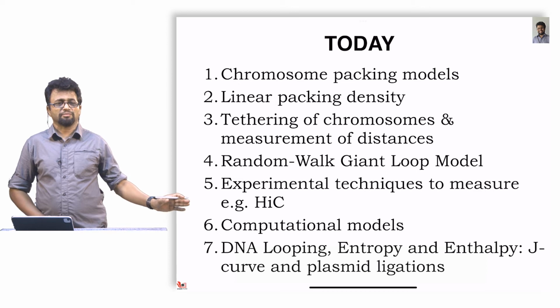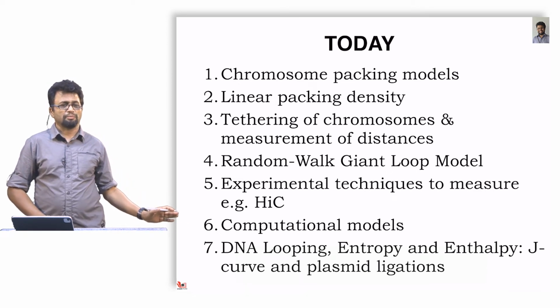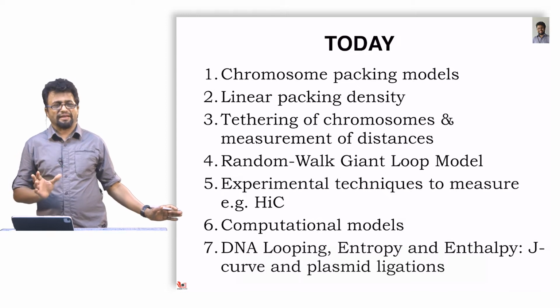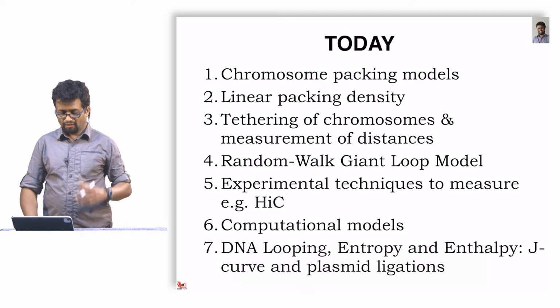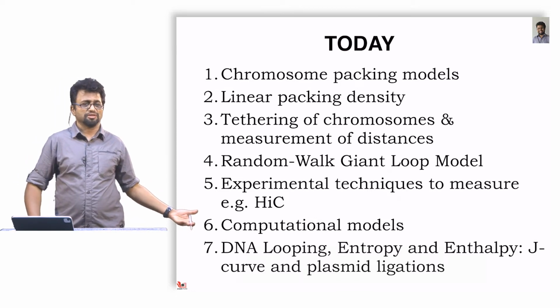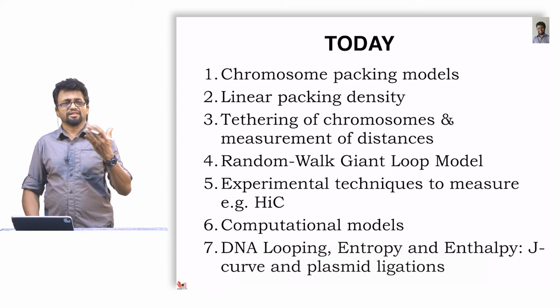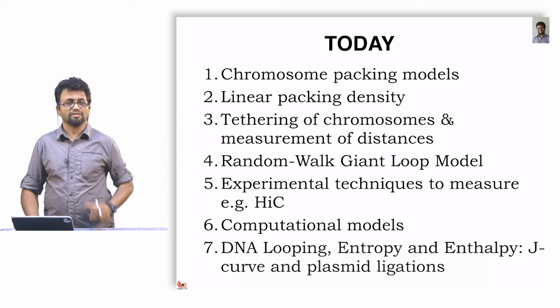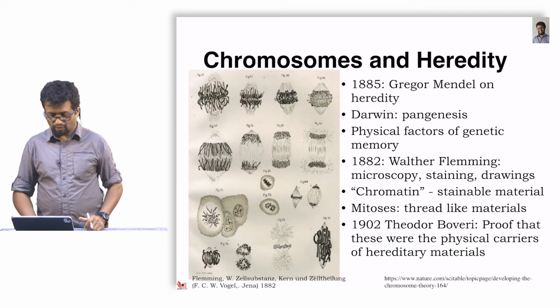And we will end with some summary of a few computational models and entropy enthalpy interplay, and how they explain what is called the J curve. This has been done primarily using very primitive methods called plasmid ligation. So, those of you who are doing biochemistry or molecular biology, you know what a plasmid is, extrachromosomal DNA. So, it is interesting that this can apply so nicely to what is a fundamental chromosome problem, right. So, let us see how this works out.